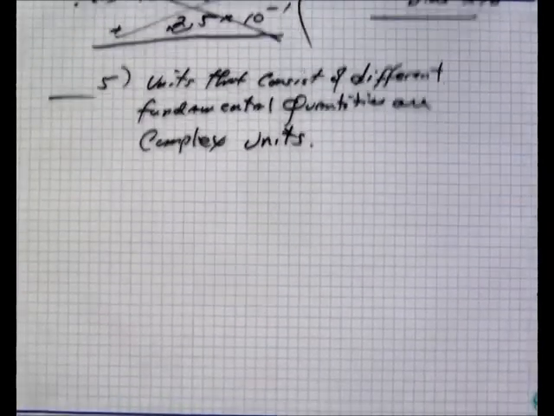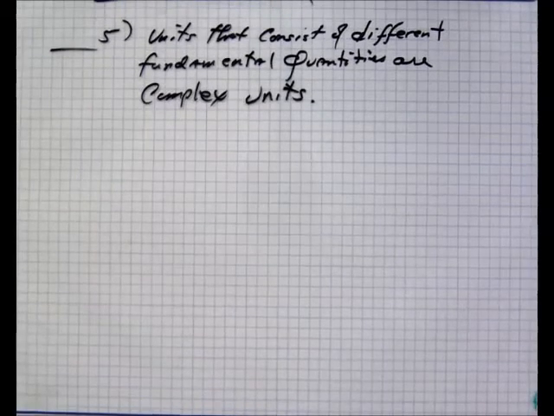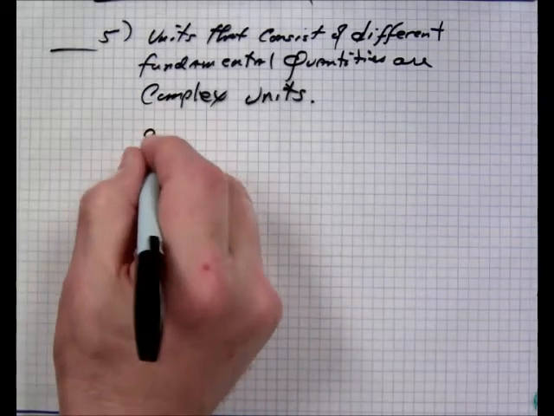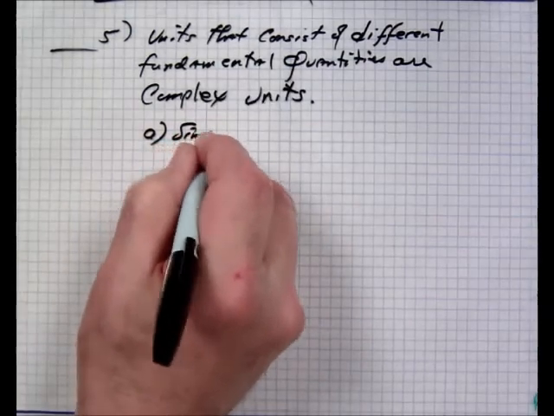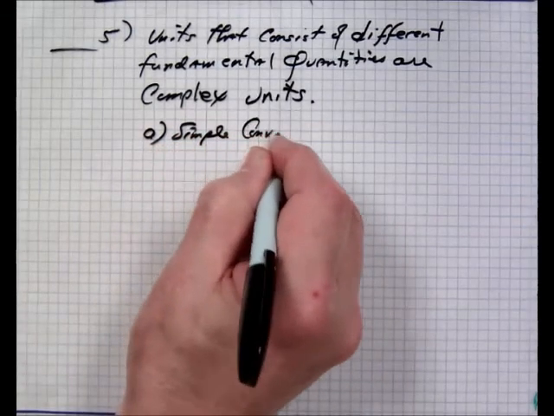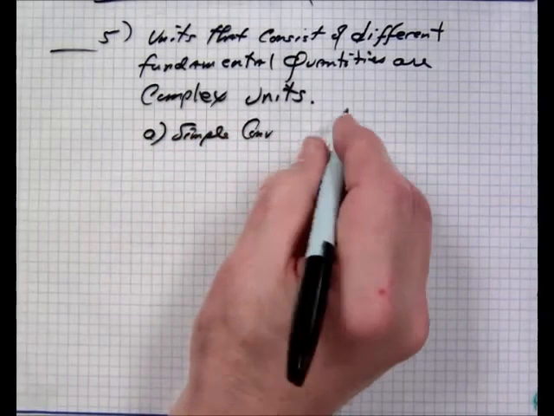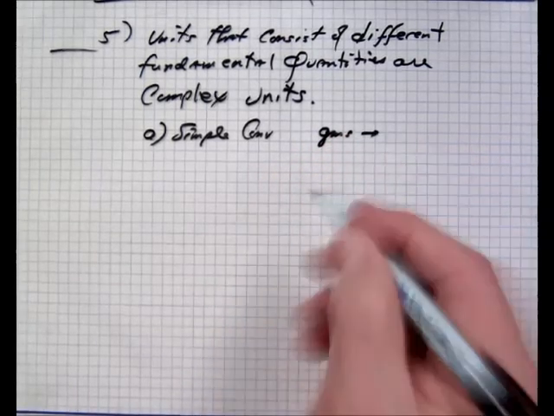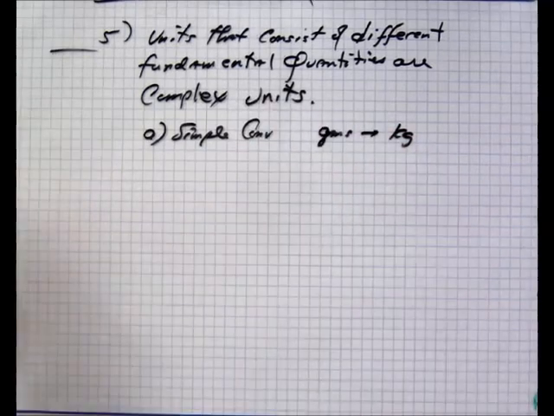Today we'll talk about three types of conversions. I classify them like that for academic instructional reasons. A conversion's a conversion. You just got to know how to deal with it. A, what we call a simple conversion, which is unit to unit, like grams to kilograms, or something like that.